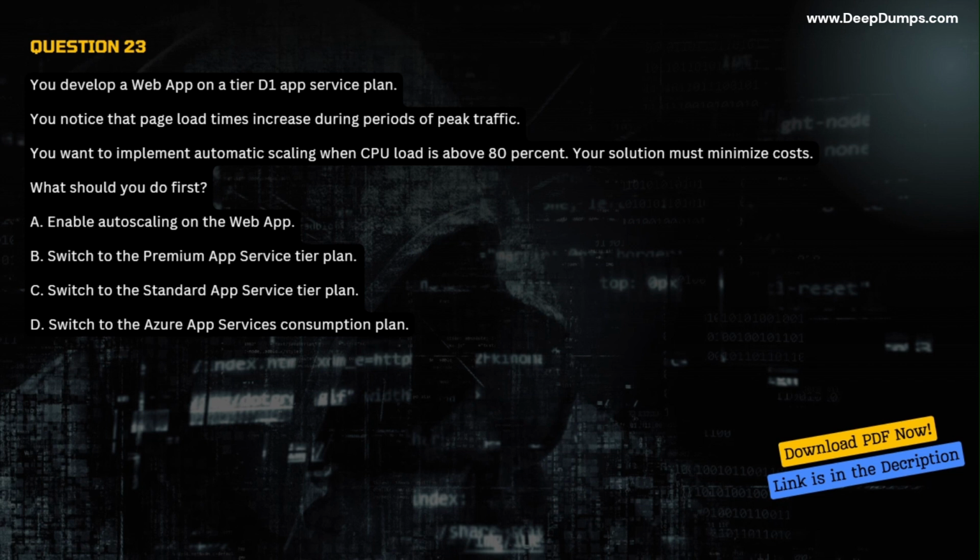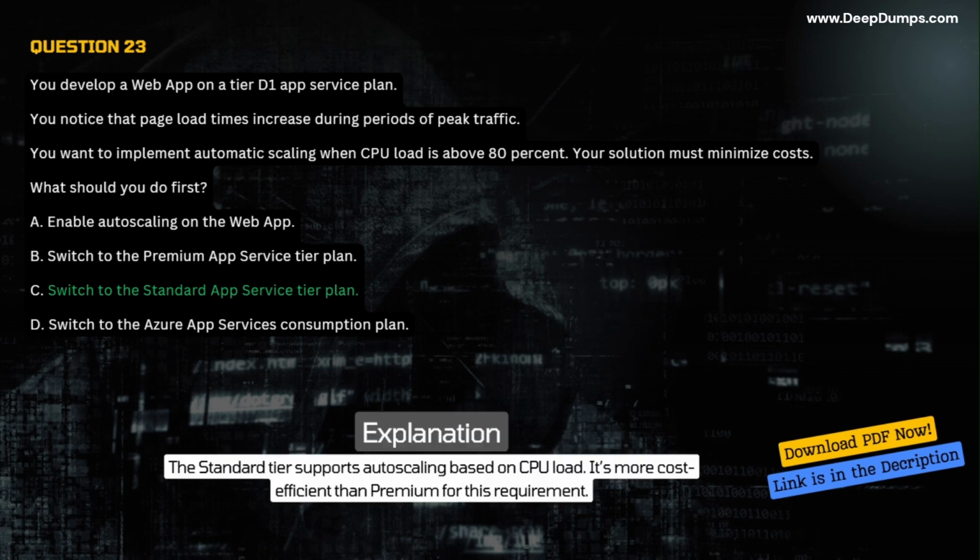B. Switch to the Premium App Service Tier plan. C. Switch to the Standard App Service Tier plan. D. Switch to the Azure App Services Consumption plan. Correct answer C. Switch to the Standard App Service Tier plan. Explanation: The Standard tier supports auto-scaling based on CPU load. It's more cost-efficient than Premium for this requirement.